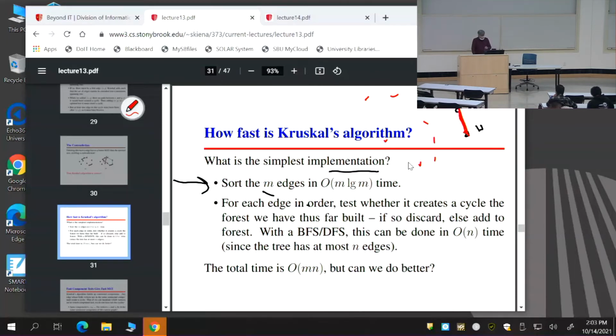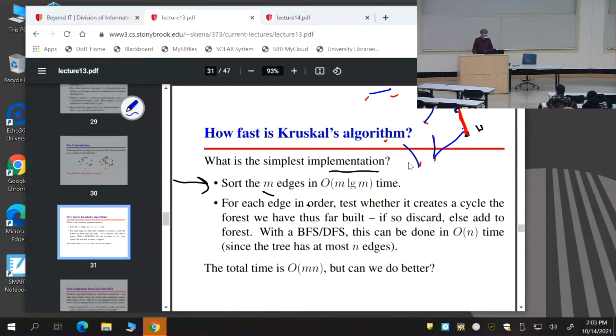How can I figure that out? Does everybody see what I'm kind of doing? I'm building my graph incrementally. Edge, edge, edge, edge. The critical thing is, does adding this edge create a cycle?